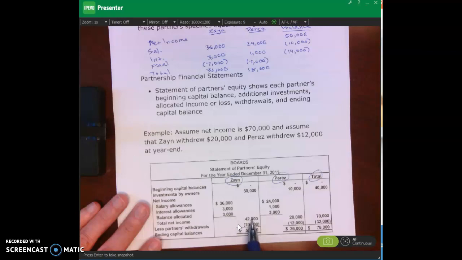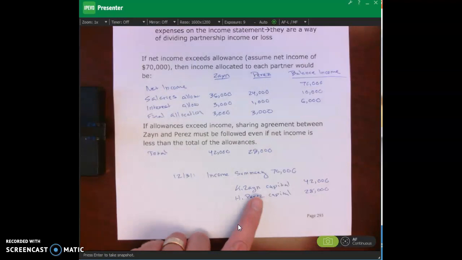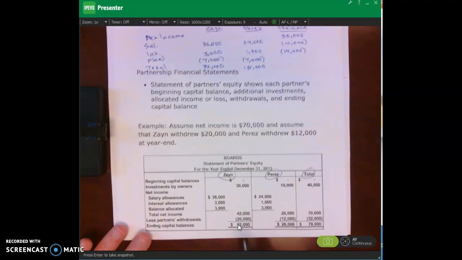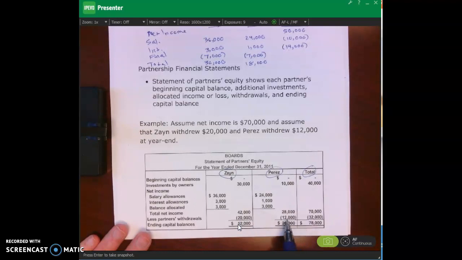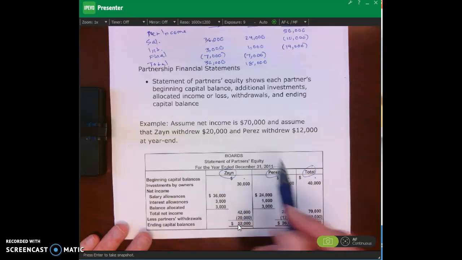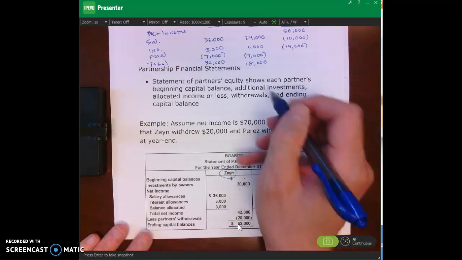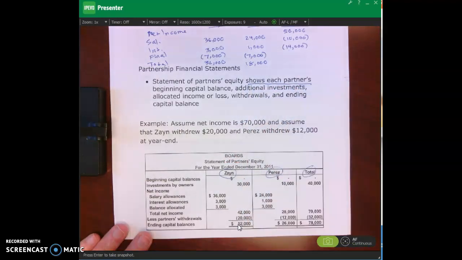Remember, we had the 42 right there, and then the 28. We did that right here. Then let's assume withdrawals of 20,000 by Kayla and 12,000 by Hector. This gives us our ending capital. The key difference is that it shows each partner's investments, then the allowances, and then the withdrawals by partner, and in total.